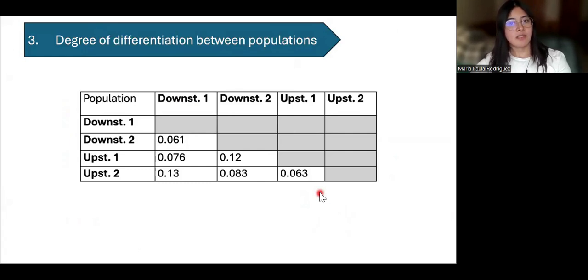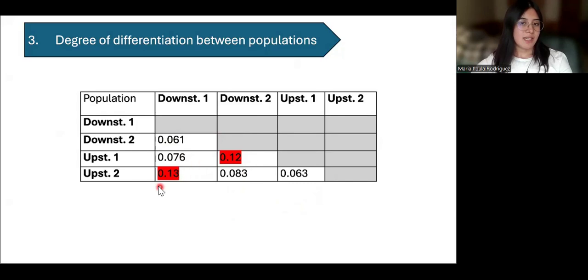Finally, I evaluated the degree of genetic differentiation among these populations, which may suggest how the dam has affected the movement of individuals along the river. This table contains values indicating how differentiated 2 populations are from each other, with higher values indicating greater differentiation.